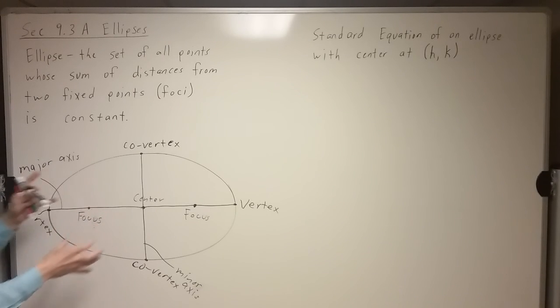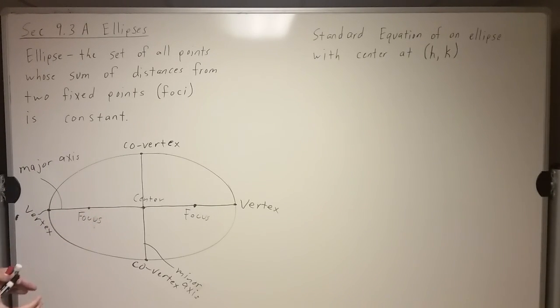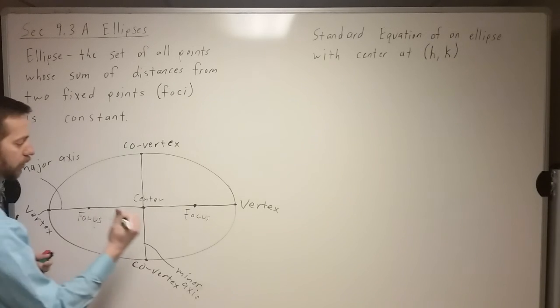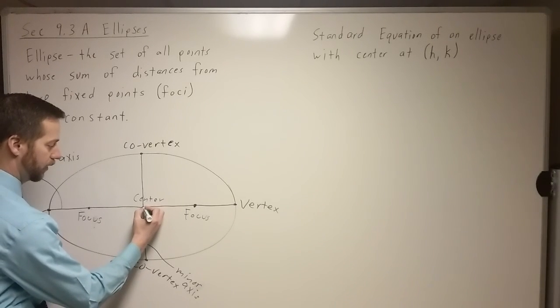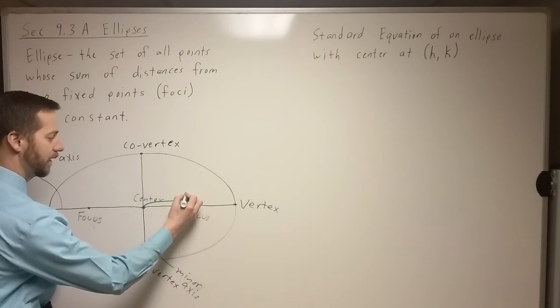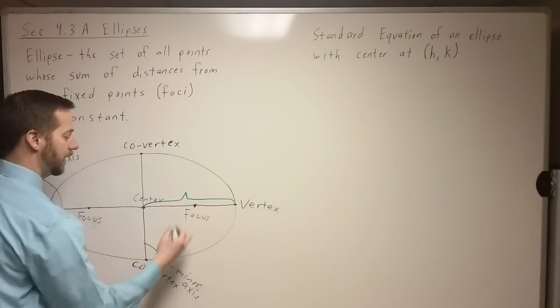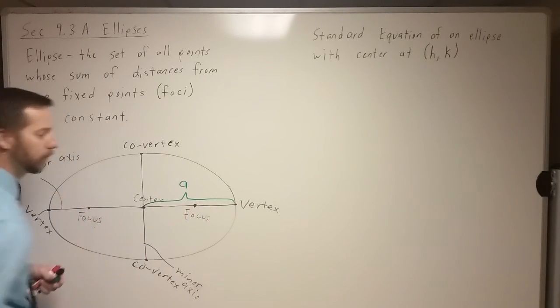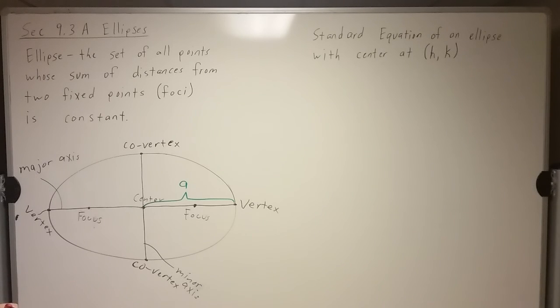There's a relationship between all these different lengths. We're going to come up with variables to represent some of these lengths. And so the distance from the center to the vertex, so we're talking this distance right here, is A. We'll use the variable A to represent distance from center to vertex.